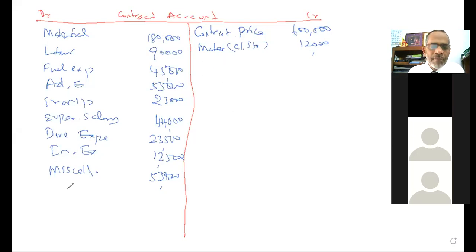Next one. Payable labor charges at 31/3/2021 20,000. Okay, payable labor charge 20,000 because you paid 90,000, payable 20,000. That also would be taken as an expenditure. Got it? This one is simple accounting. Next one. That's all.